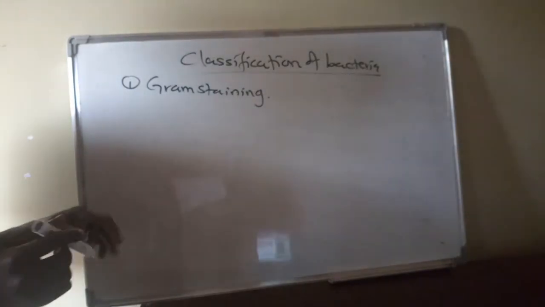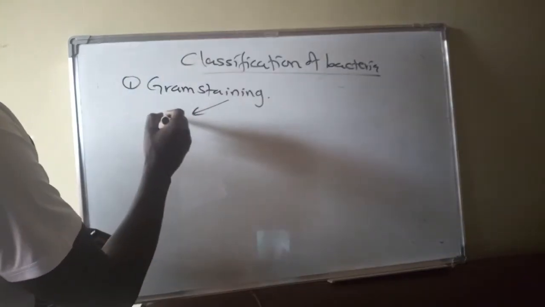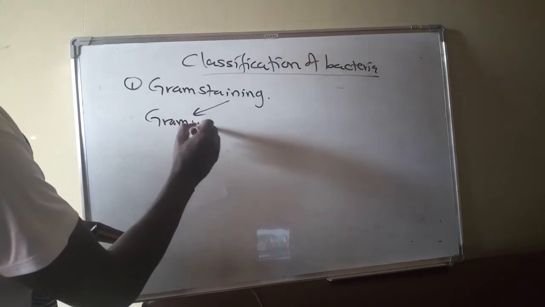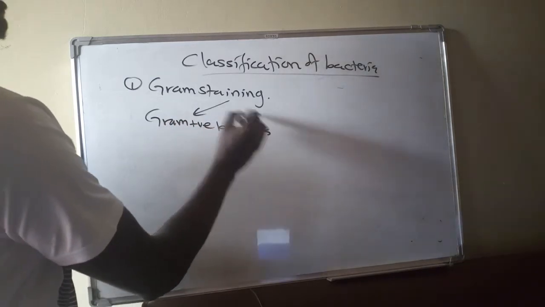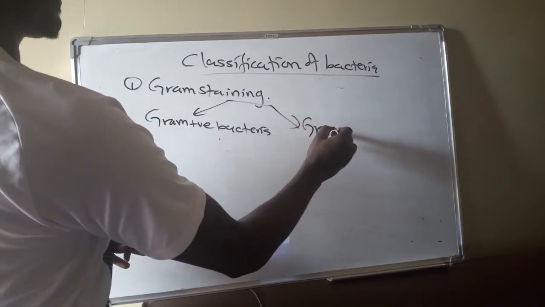So how do bacteria respond to gram stain? We have those that respond positively, that is gram-positive bacteria, and those that respond negatively, that is gram-negative bacteria.